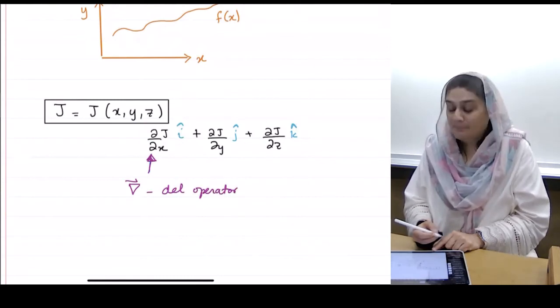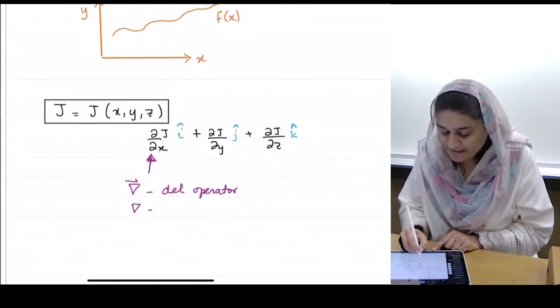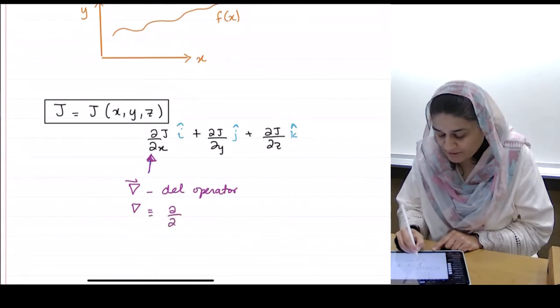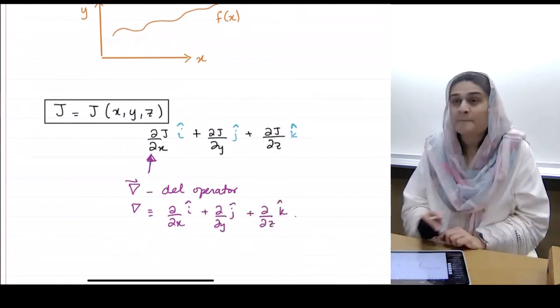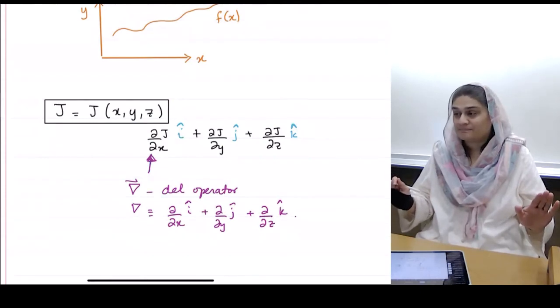And the del operator is defined as partial over partial x, partial over partial y, partial over partial z. That's all there is. Do you see the progression?